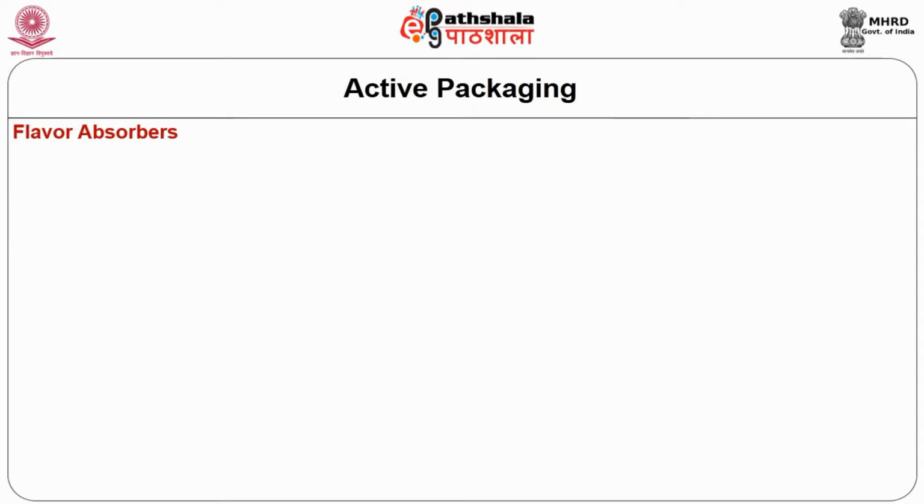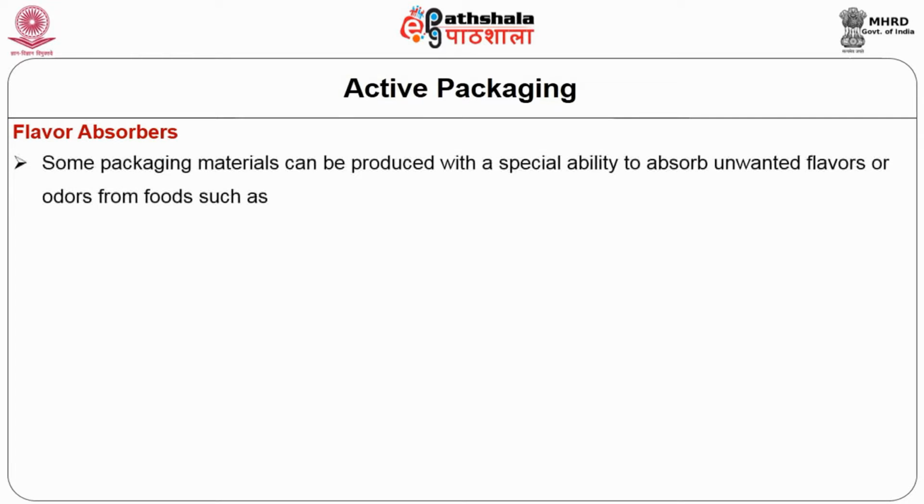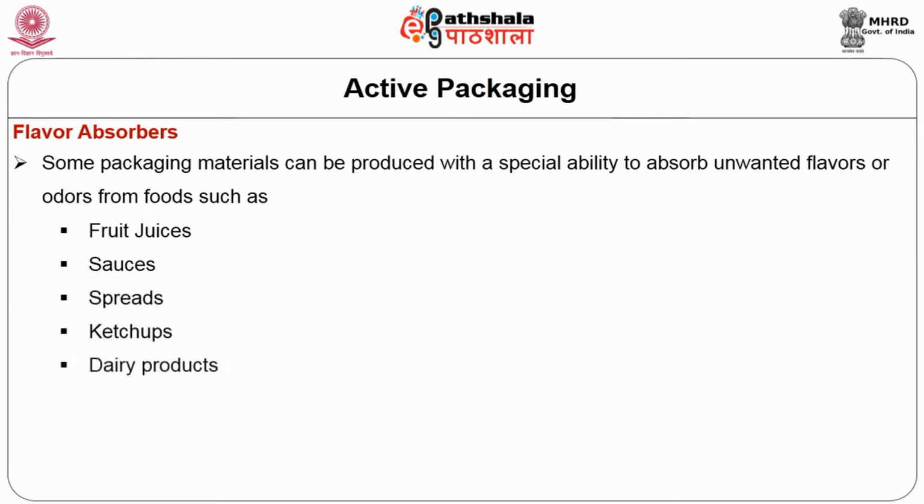Next is about flavor absorbers. Some packaging materials can be produced with a special ability to absorb unwanted flavors or odors from foods such as fruit juices, sauces, spreads, ketchups, dairy products, etc. And such process is called scalping.